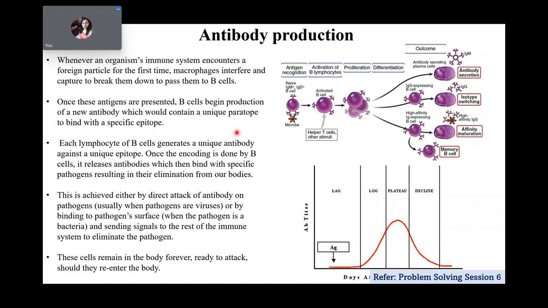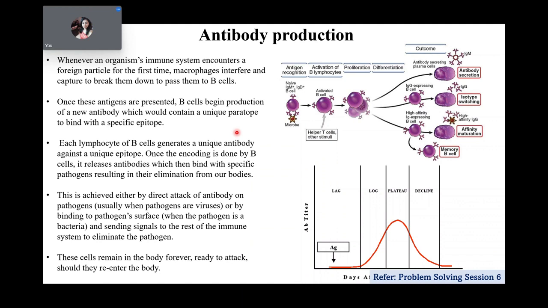Now, once these antigens are presented to the B cells, the B cells will bind to them and begin the production of new antibody based on the specific epitope that the paratope is bound to, the epitope being the region of the antigen. So the antigenic region is bound to the B cell, and the B cell will now start producing antibody.